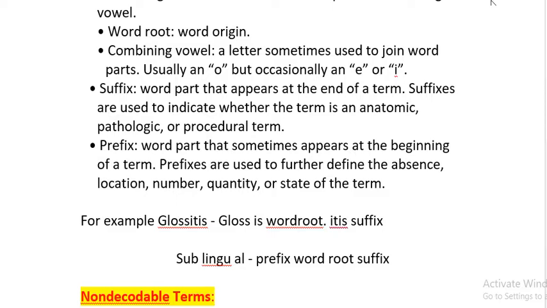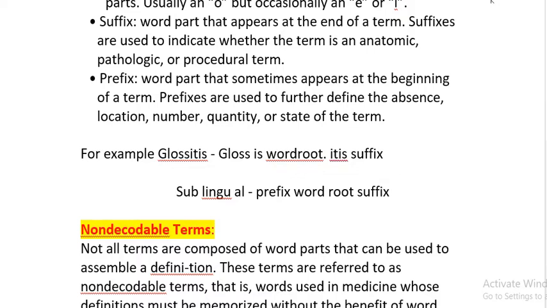Suffixes are used to indicate whether the term is an anatomic, pathologic, or procedural term. Next is prefix: a word part that sometimes appears at the beginning of a term. Basically, prefixes are used to further define the absence, location, number, quantity, or state of the term.